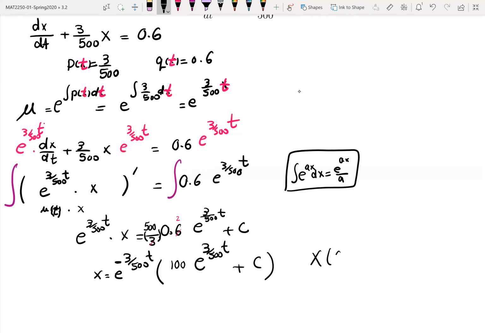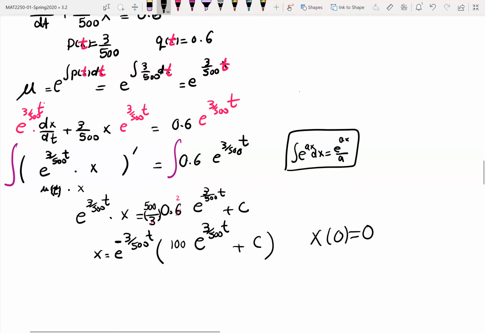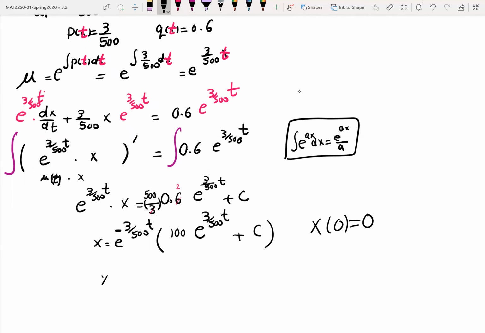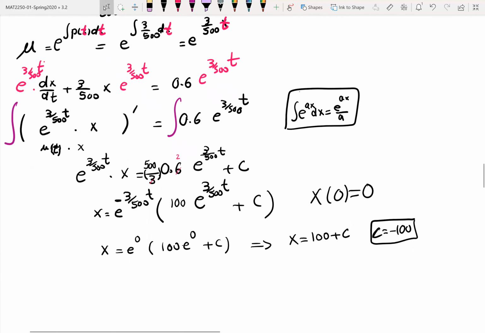x at 0 equals 0 gives you 100 e to the 0 plus c. So that gives you x equals 100 plus c, which means c is minus 100.